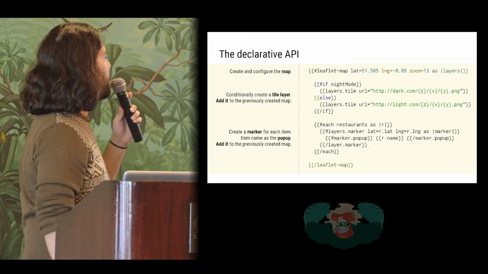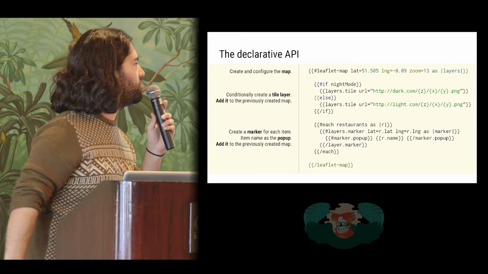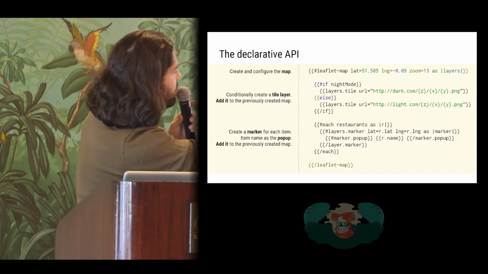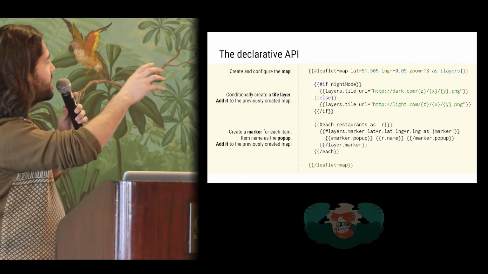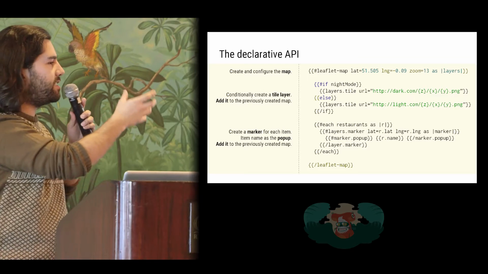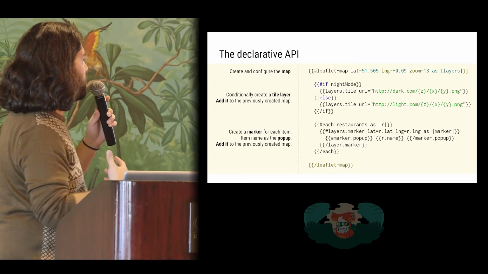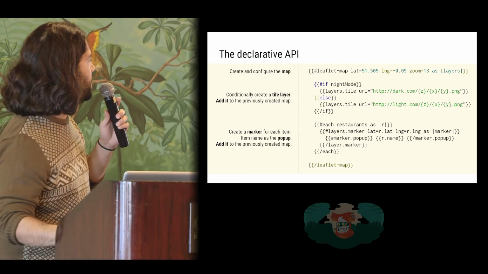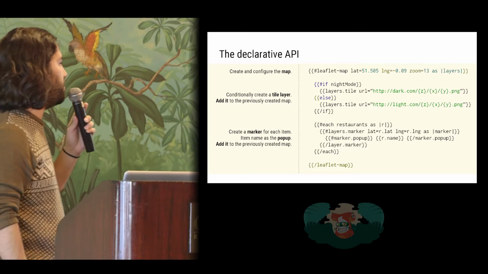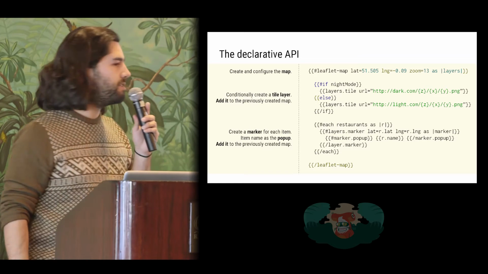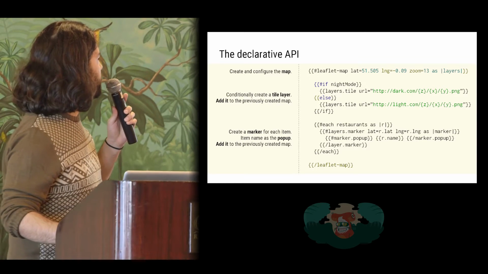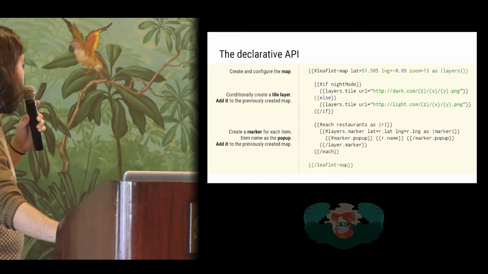We pass in the same latitude and longitude and the zoom level. And we pass as a param block a layers hash, which we can use to render additional layers into the parent map. Here we have the same conditional rendering of tile layers, with the same URLs, everything. It should be very straightforward.